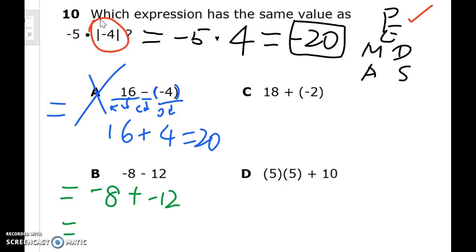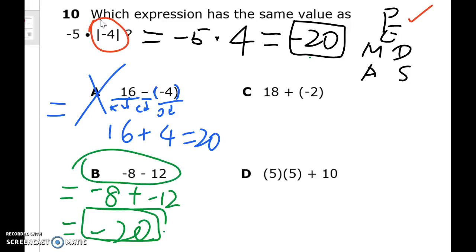A negative number added to a negative number, as Ms. Lu has in the notes: same sign, keep the sign, and then do addition. 8 plus 12 is 20. So now, do we have the answer already? This one is the same as this one. So this should be the answer, but I still wanted to show you how to do the rest of the questions.